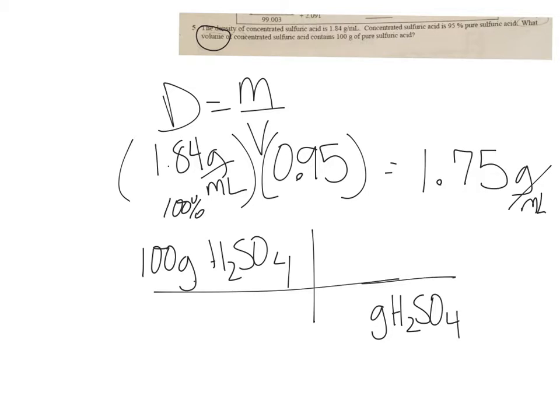And we want to get into volume, which I know is milliliters. Well, we have something that is grams over milliliters. I know it looks upside down, but you can use that. You can always flip those things. So we have 1.75 grams per 1 milliliter. And that will actually get you your answer as well.